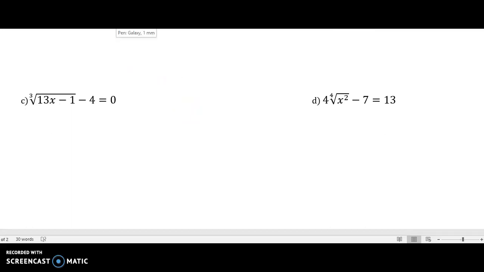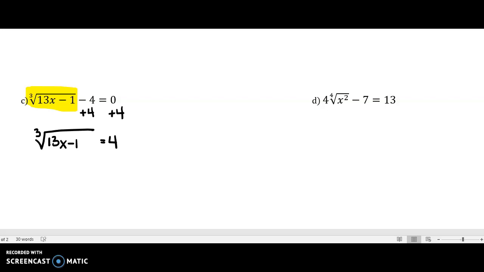Okay, for C, I've got to get the radical by itself, which means I got to get rid of this minus 4. So what do you do to both sides? We've got to add 4, which gives me the cubed root of 13x minus 1 equals 0 plus 4 is 4.